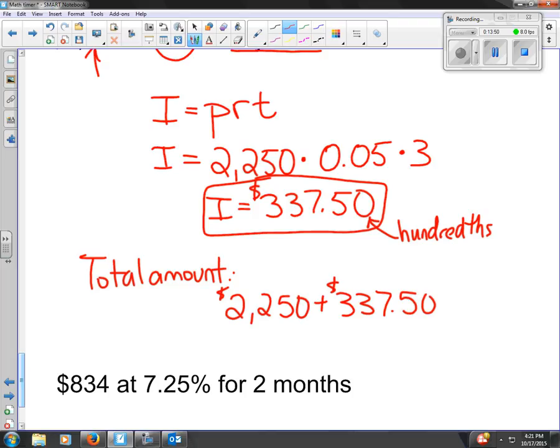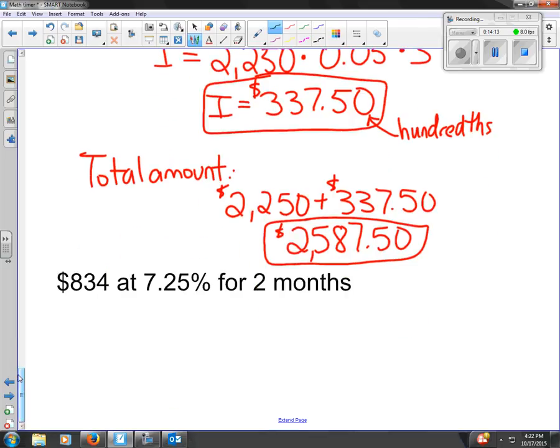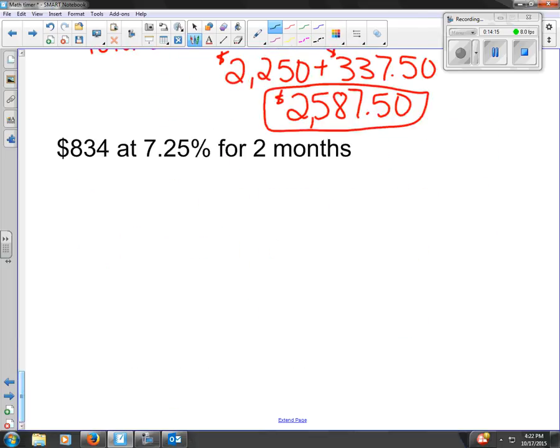Your total amount is $2,587.50. Woo, that's a lot. If you borrowed a loan of $2,250, which is very possible for college, you actually end up having to pay an additional $337 just for interest. That's only for 3 years, so you're not even out of college yet. It would really be 4 years for going to college.